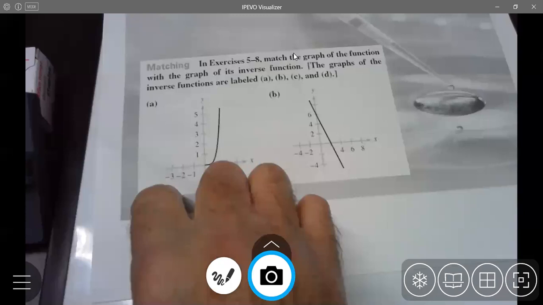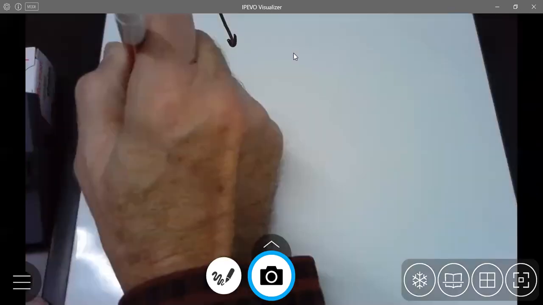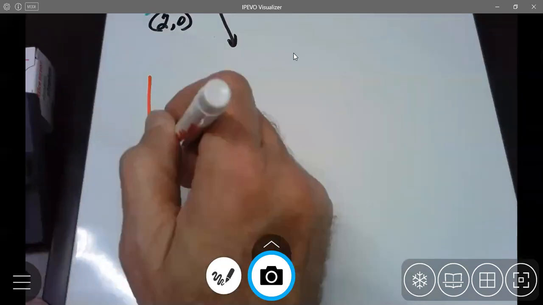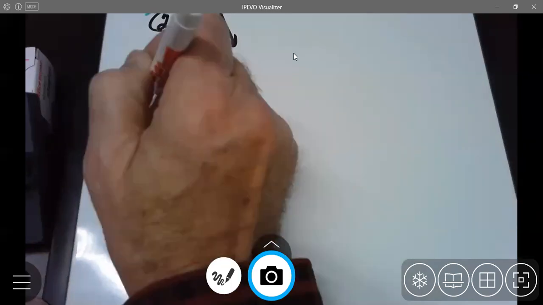All right, so the next one, let's take a look at this exponential function. Here's our graph again, coordinate plane. And here's 2, and here's 2, and here's 4.